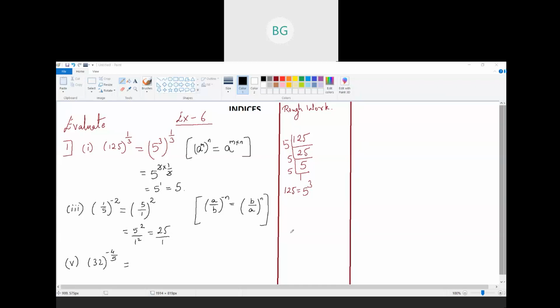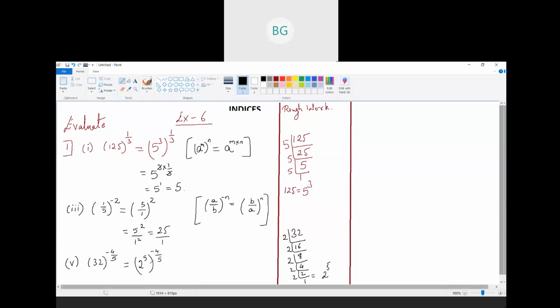Since 32 goes in the 2 table, we'll start with 2. 2 16s are 32, then 2 8s are 16, 2 4s are 8, 2 2s are 4, and 2 1s are 2. So 32 can be written as 2 to the power 5. So I'll write it as 2 to the power 5 and then minus 4 by 5.